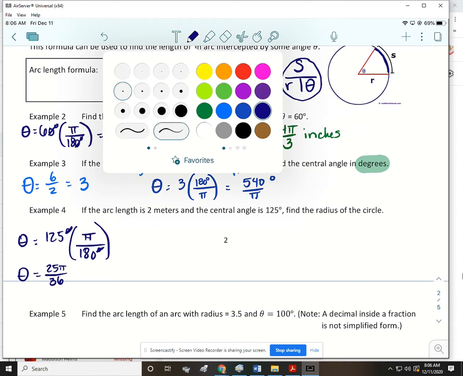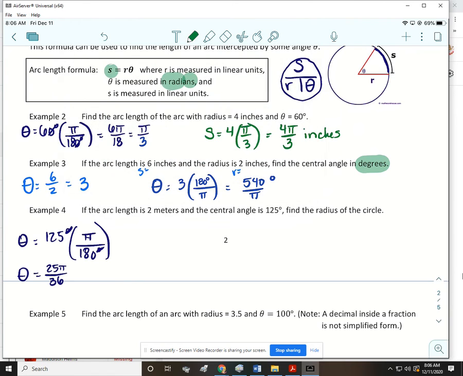So we're ready to find r by taking our s, which is 2 meters, and dividing it by our theta in radians, which is 25 pi over 36. I'm going to mark that 2 out because it's kind of floating around there. Okay, so if we want to divide by a fraction, we're just going to multiply by the reciprocal.